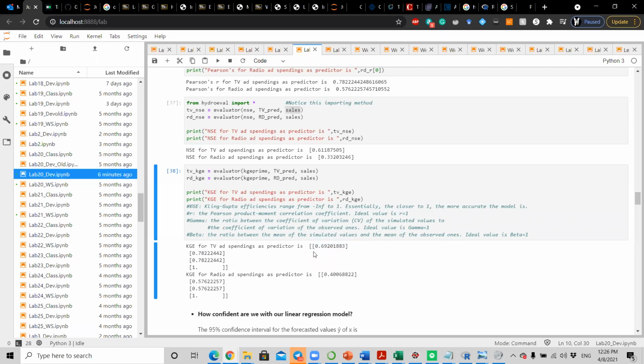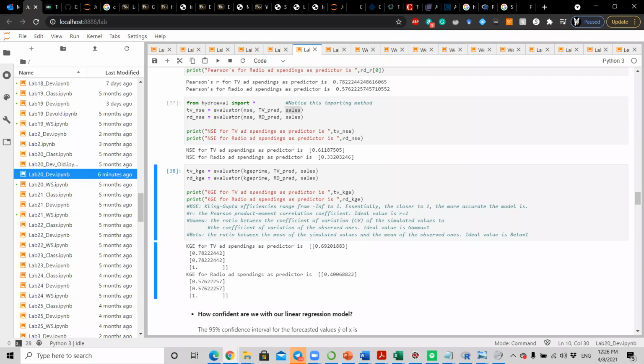So which model would you pick? TV. Why? It has better values for R and gamma. Exactly, because you're getting a closer number to 1 from the first model.